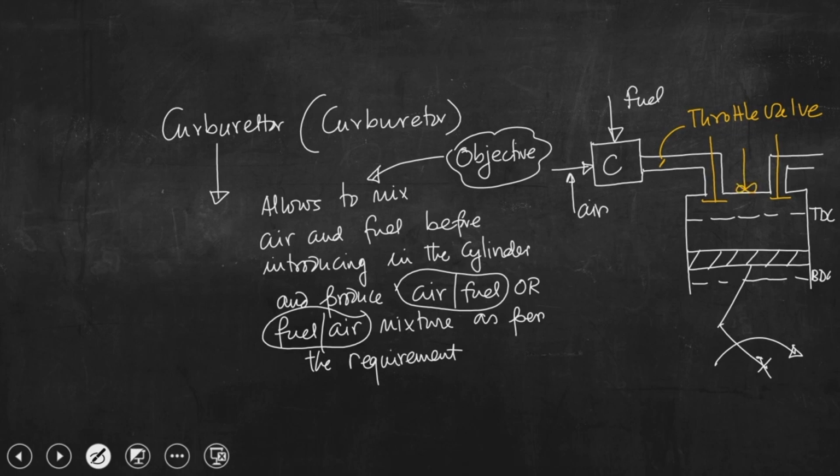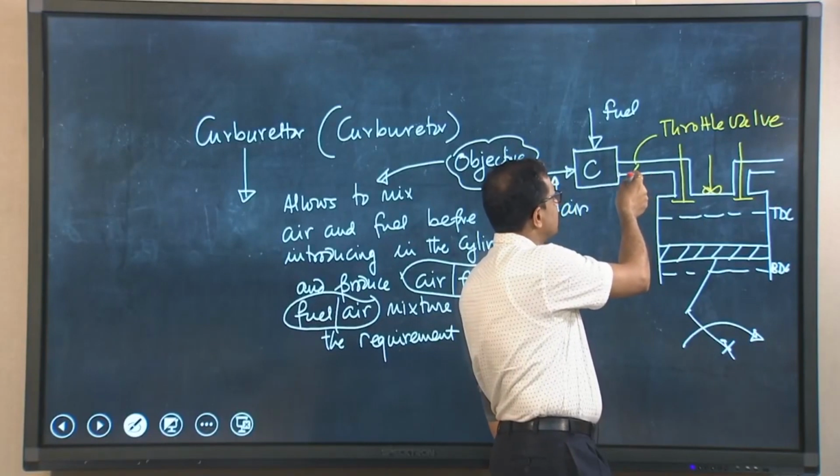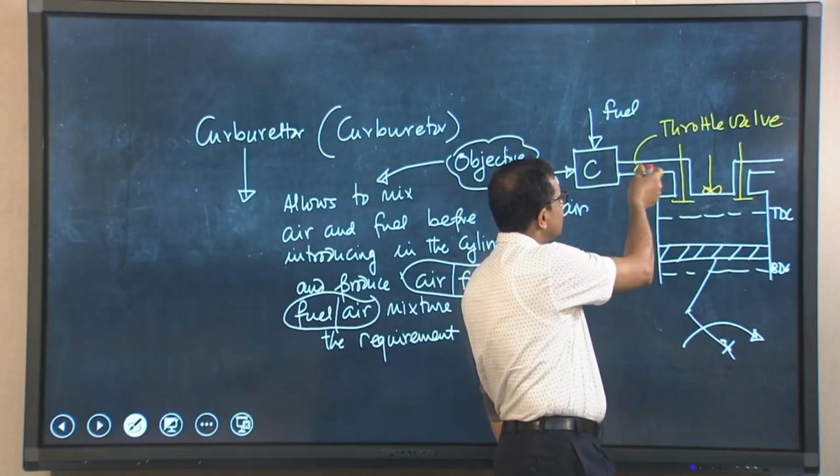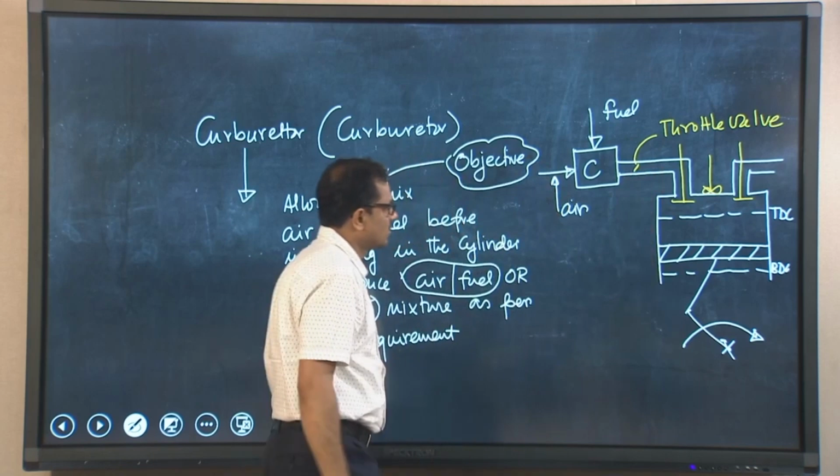So, you can see that when piston is at the TDC, both valves are closed. Piston is travelling from TDC to BDC, intake valve will open, and there is a pressure difference between the upstream and downstream of the throttle valve.